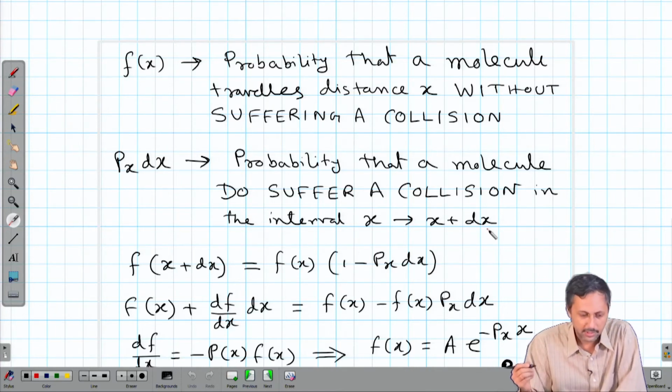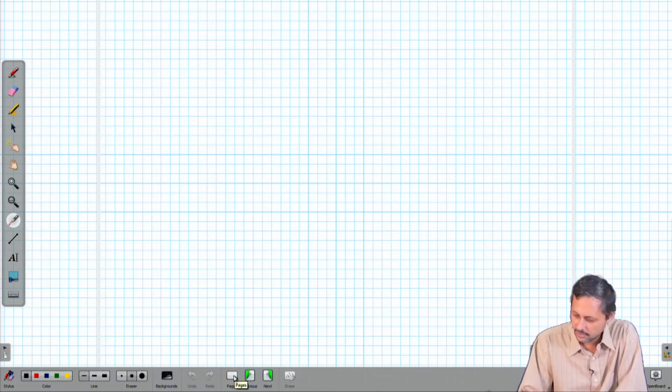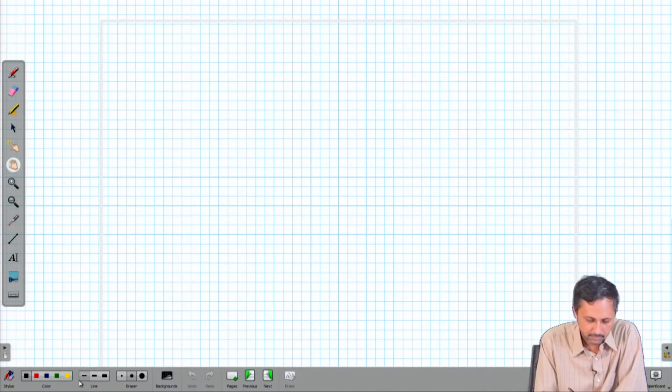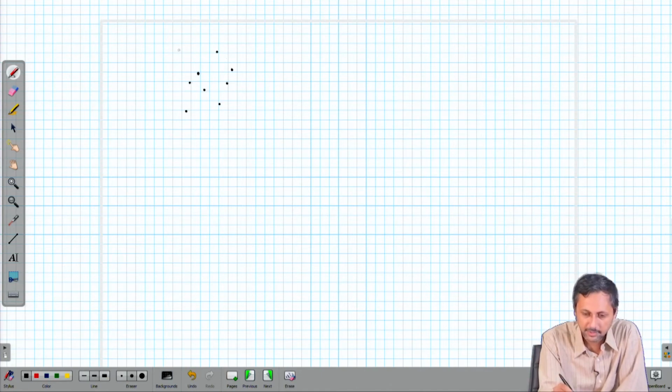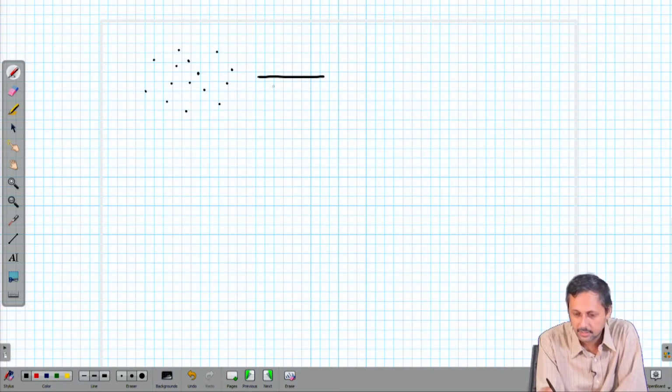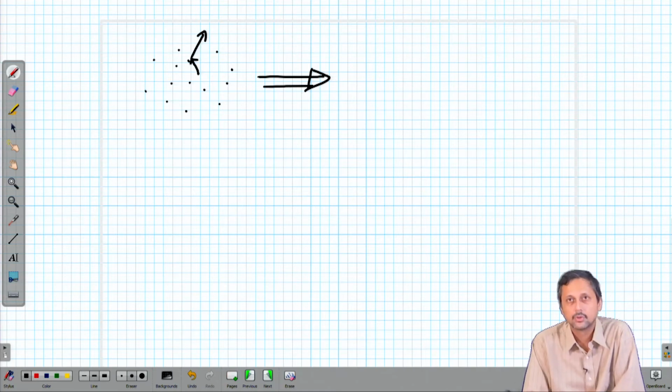Okay. So, let me try to explain this in more detail. We have this gas assembly, and the molecules are colliding, right. Let us say this one collides with this one and gets knocked out.